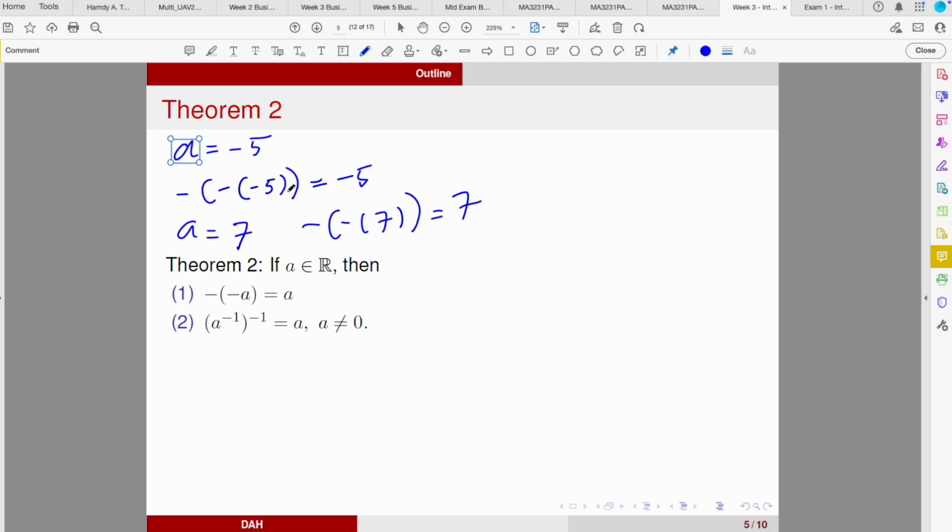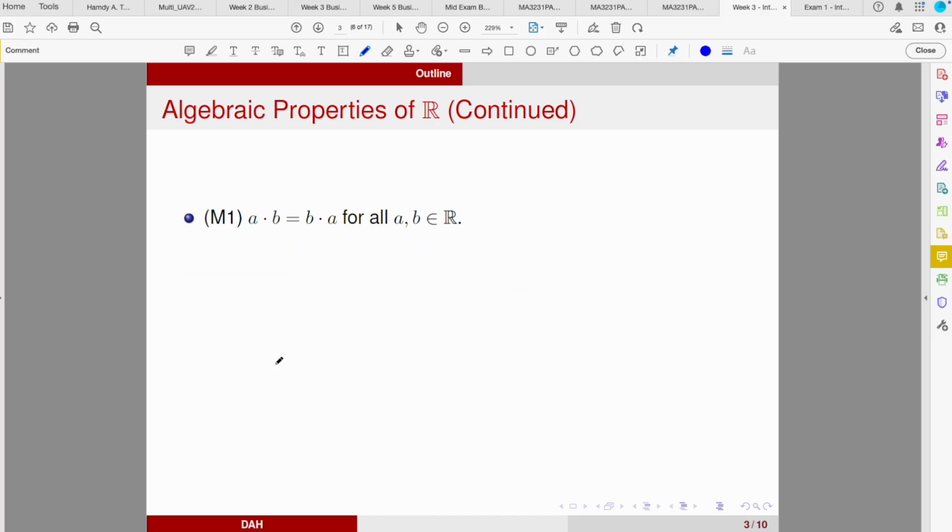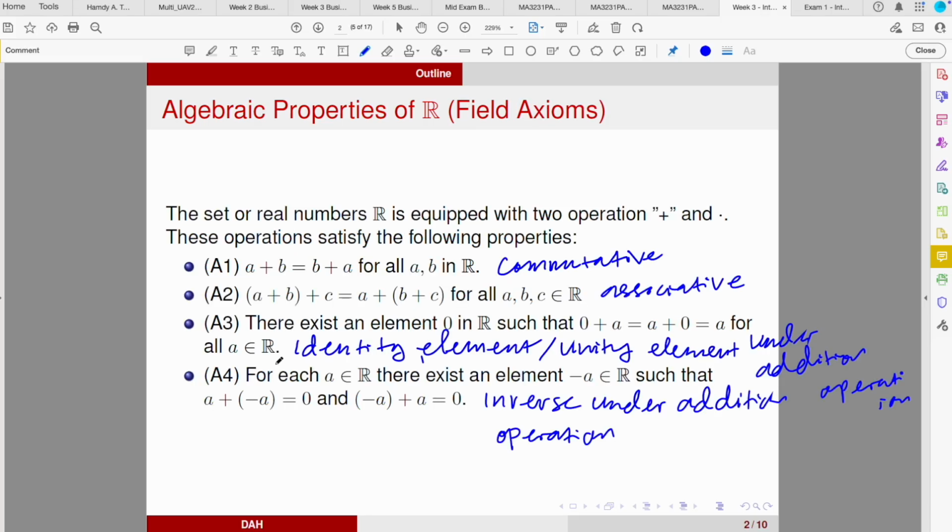Okay, let's prove number 1. Proof number 1. According to addition axiom A4, look at this: for all real numbers, there exists the negative element such that A plus minus A equal 0.